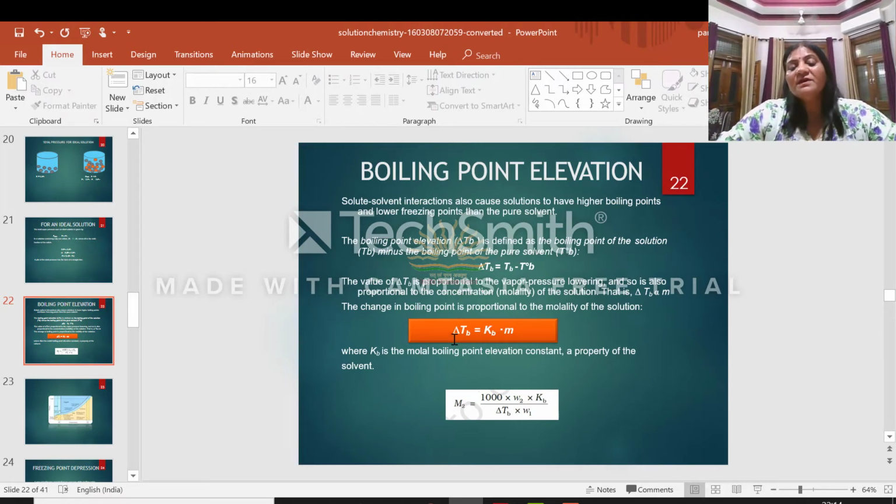And delta Tb is the elevation of boiling point, where Kb is the molal boiling point elevation constant, a property of the solvent.